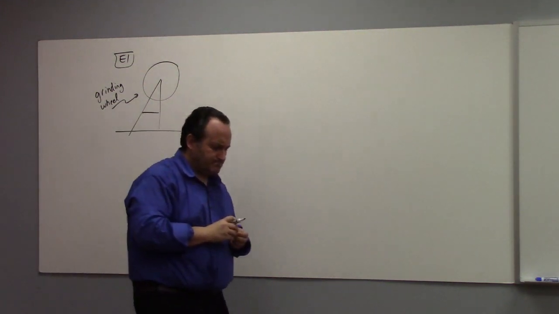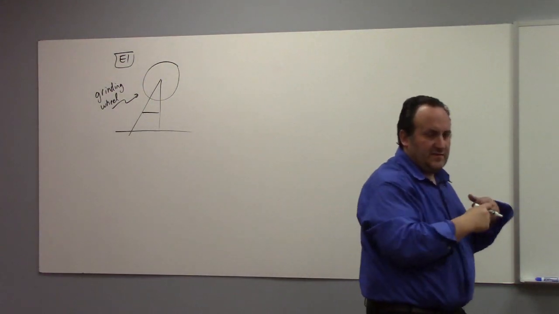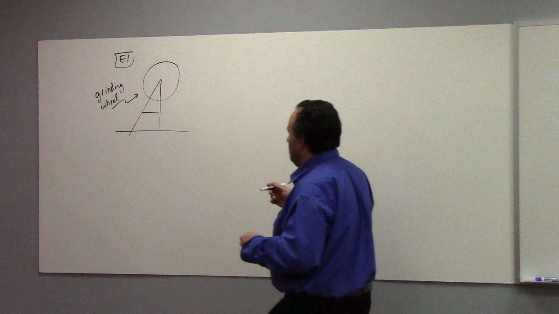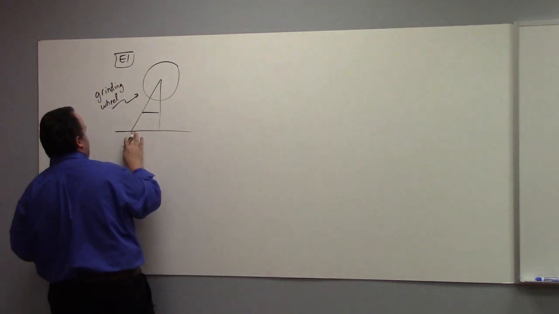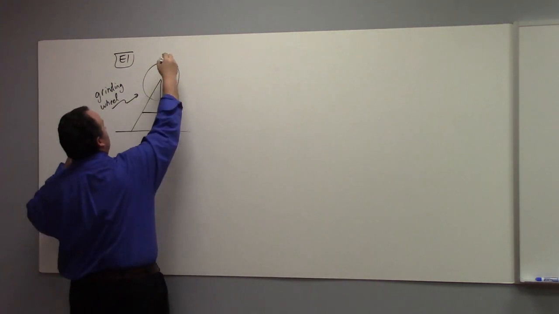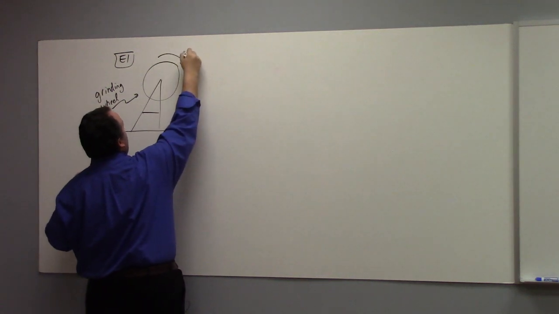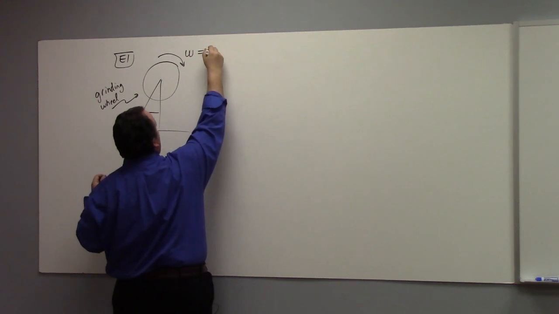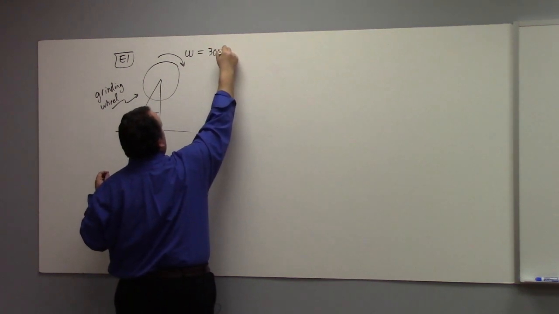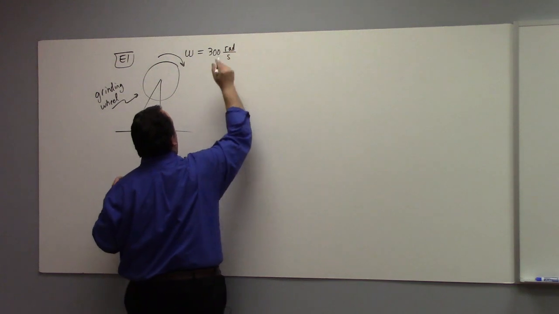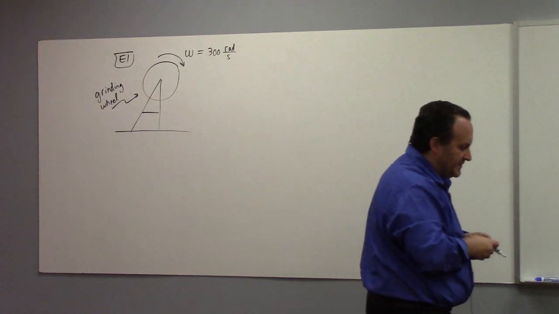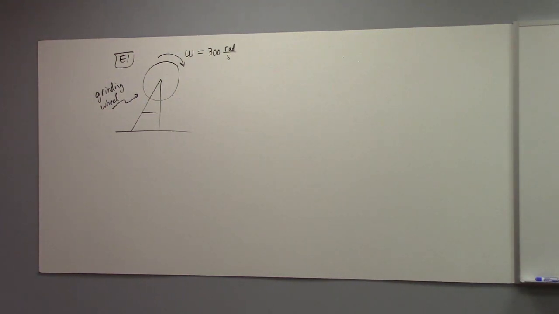And then let's suppose that somebody uses it to sharpen a tool. Let's suppose it's spinning with angular velocity omega equal to, let's say, 300 radians per second. So it's really moving, all right? And then there's some friction in the bearings of this grinding wheel.